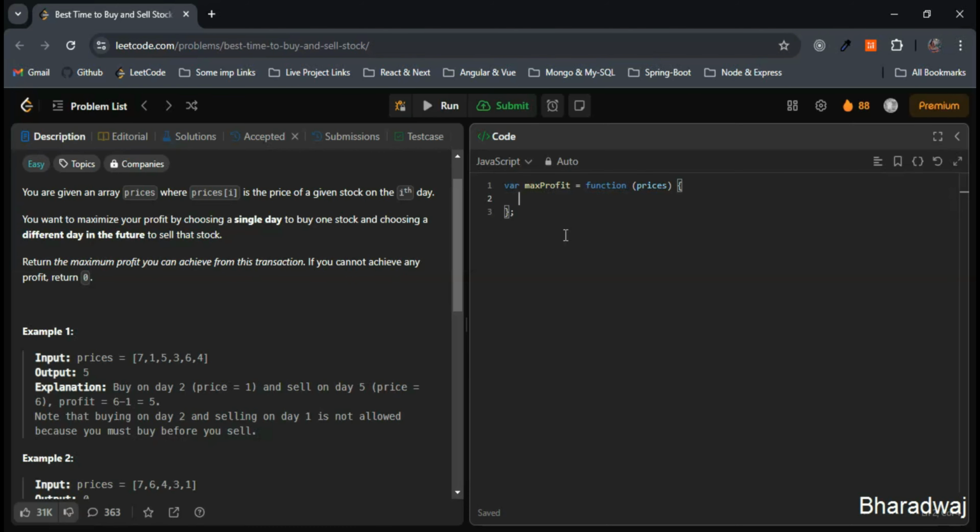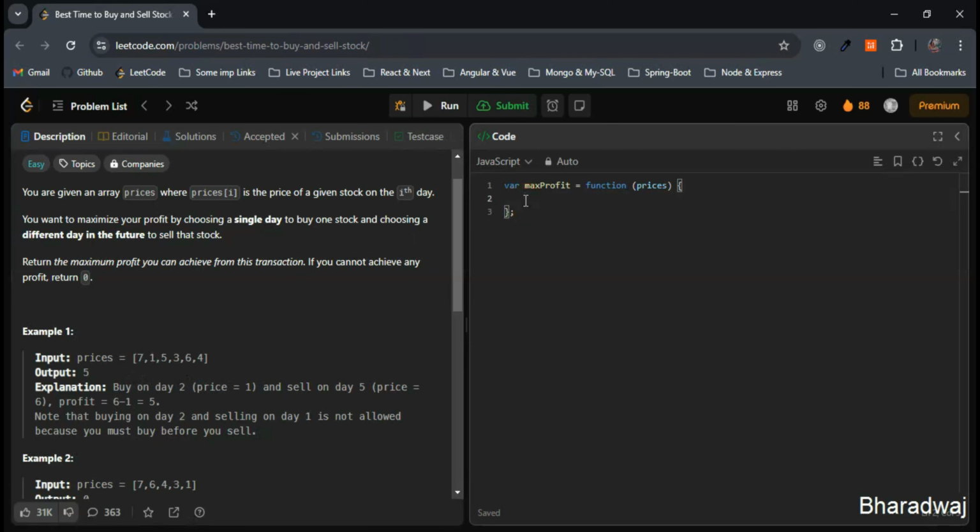Let's start writing the code. First, let's initialize the minimum buying price as the first price in the array, that is 7.